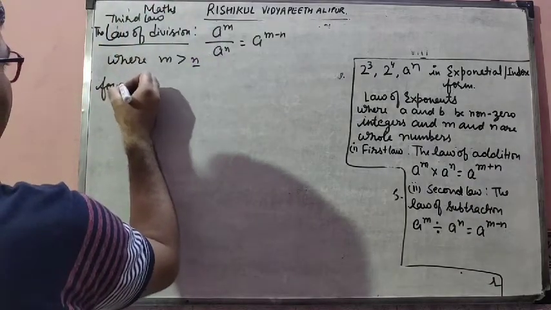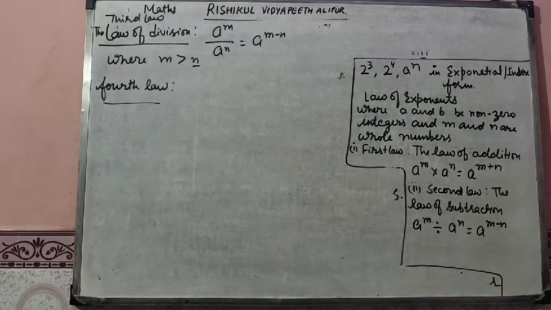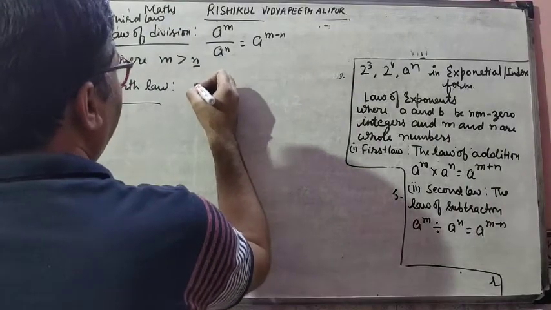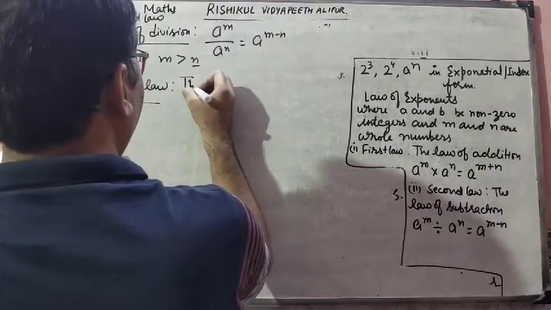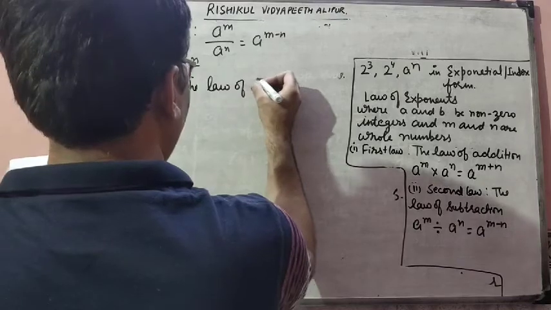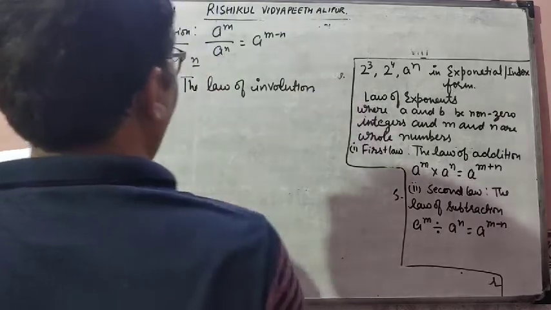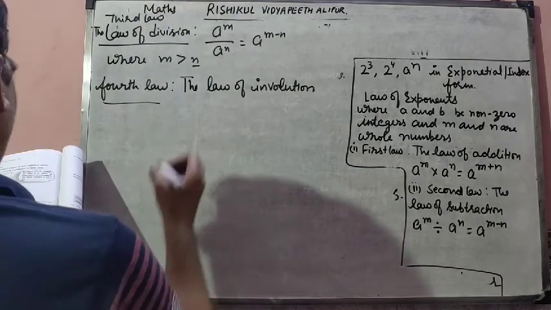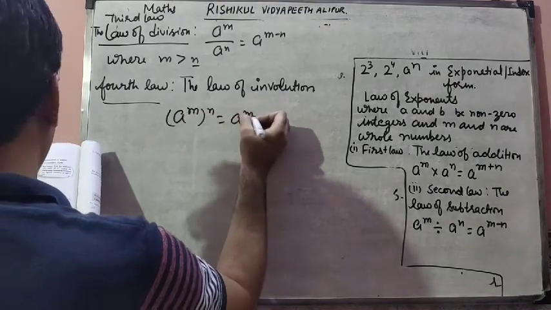Next one is the fourth law, which is known as the law of involution, where a raised to power m, raised to power n, is equal to a raised to power mn.